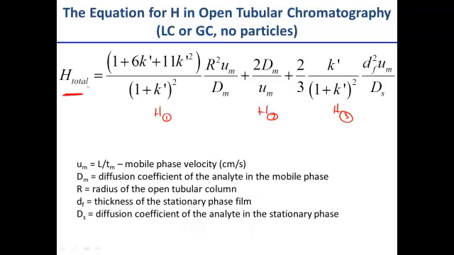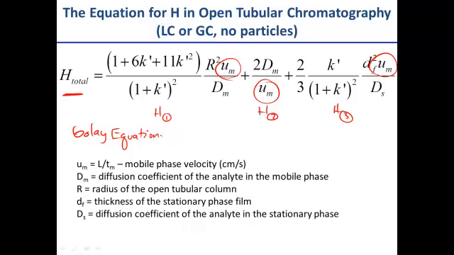And we see that H is dependent on the mobile phase velocity in a few different ways. There's 1, there's 2, and there's 3. And we can connect these relationships to our physical understanding of what's going on inside the tube. So this particular equation we call the Golay equation.